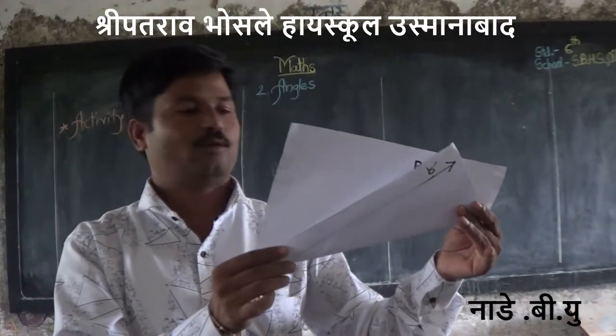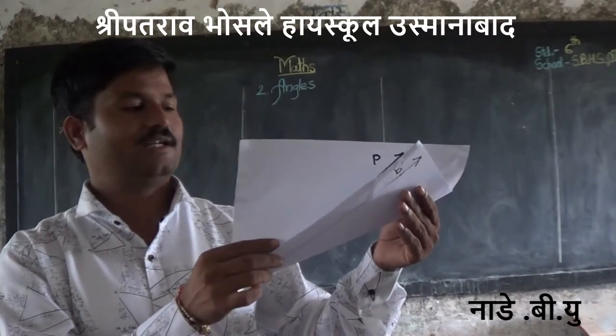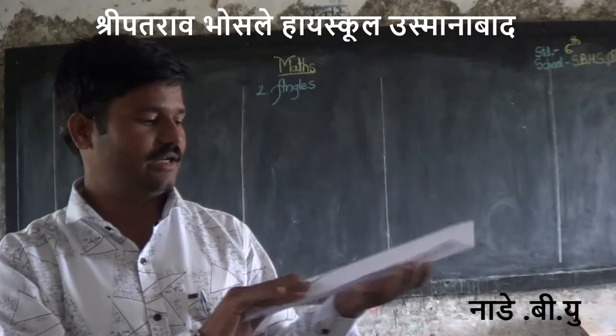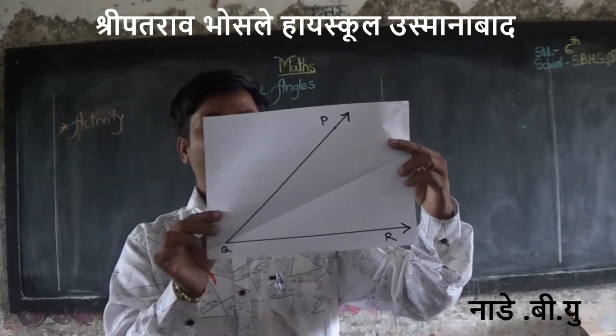Fold the sheet of paper so that one side falls on the other side of the angle. Then unfold the sheet of paper.